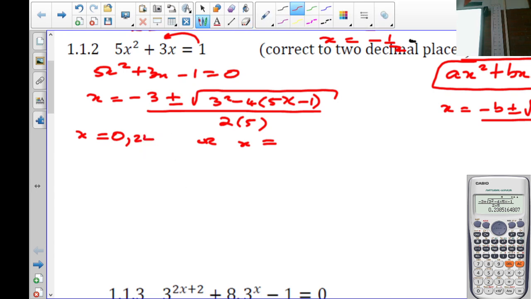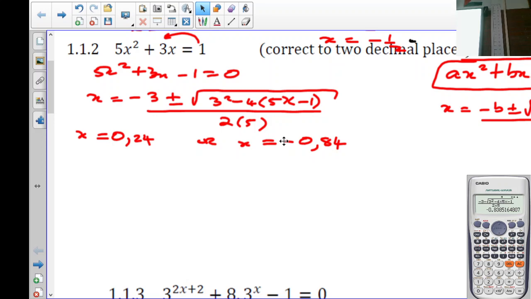So 0.24. And for the negative solution, of course, we replace the positive with a negative. And we press SD, standard decimal, it is negative 0.84. Okay.